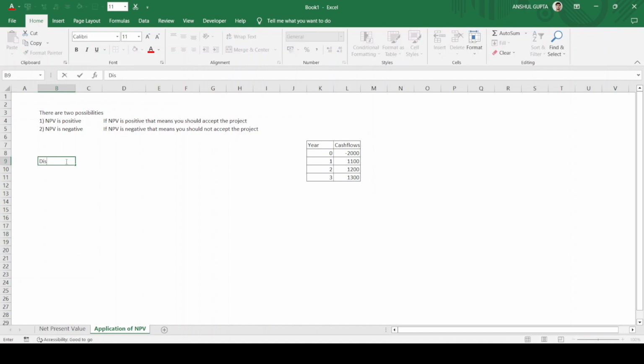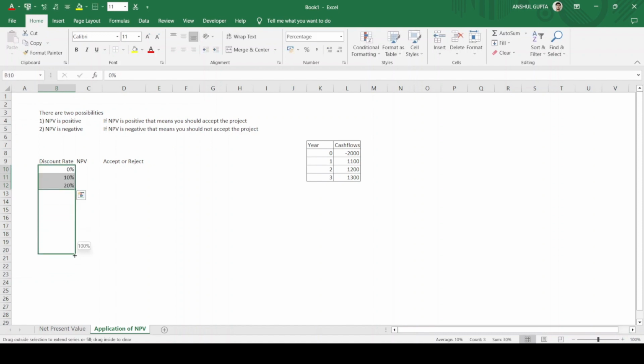The first one is discount rate, second one is NPV, and the third one is accept or reject. So let's say 0%, 10%, 20%, and let's drag this till 100%, I would say.